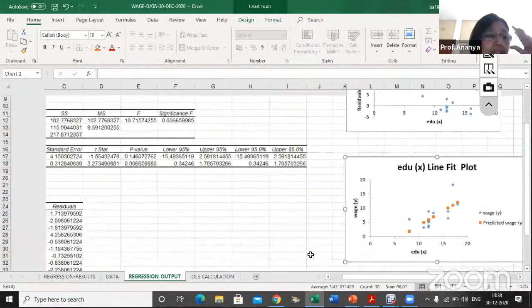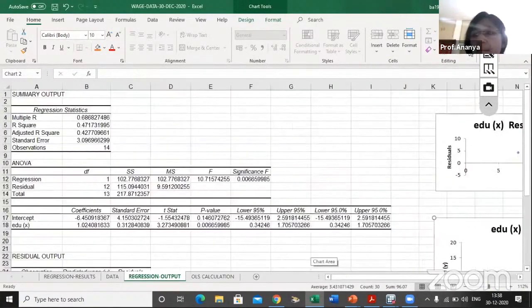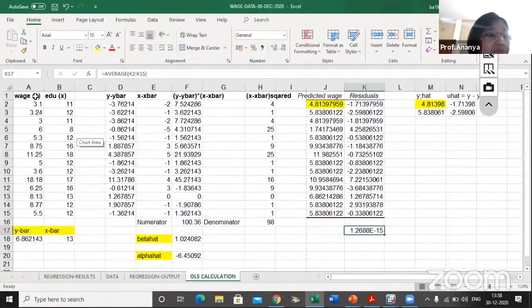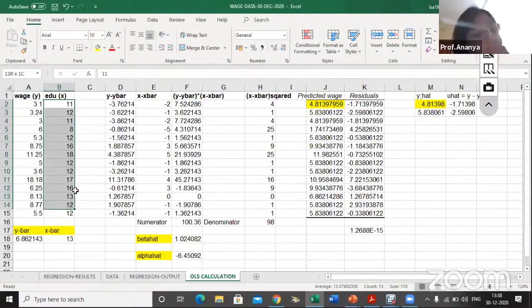I'm trying to say that there is a certain amount of variation in wages. Different people are earning different wages, and I'm saying that's because different people have different levels of education. That is what I'm trying to do: ask to what extent the variation in wages is explained by variation in education, years of education.